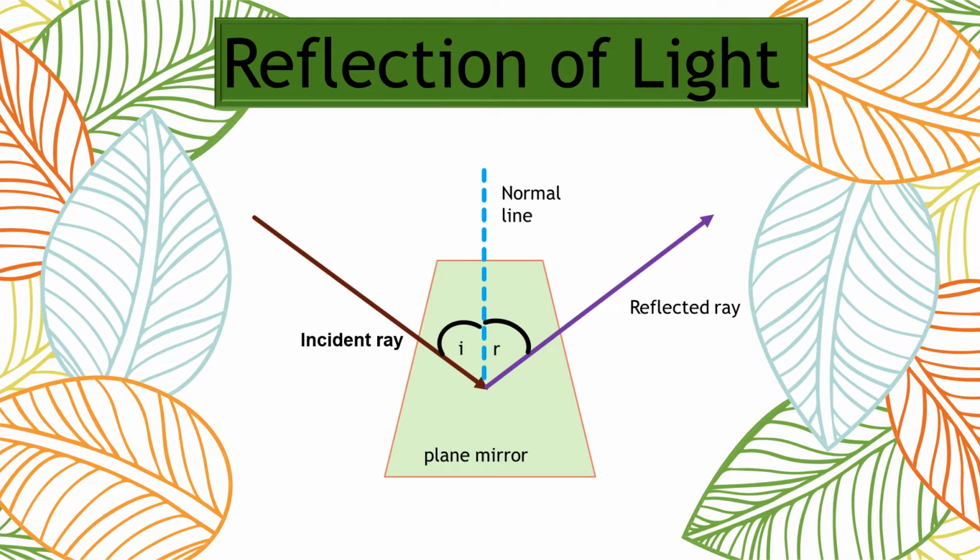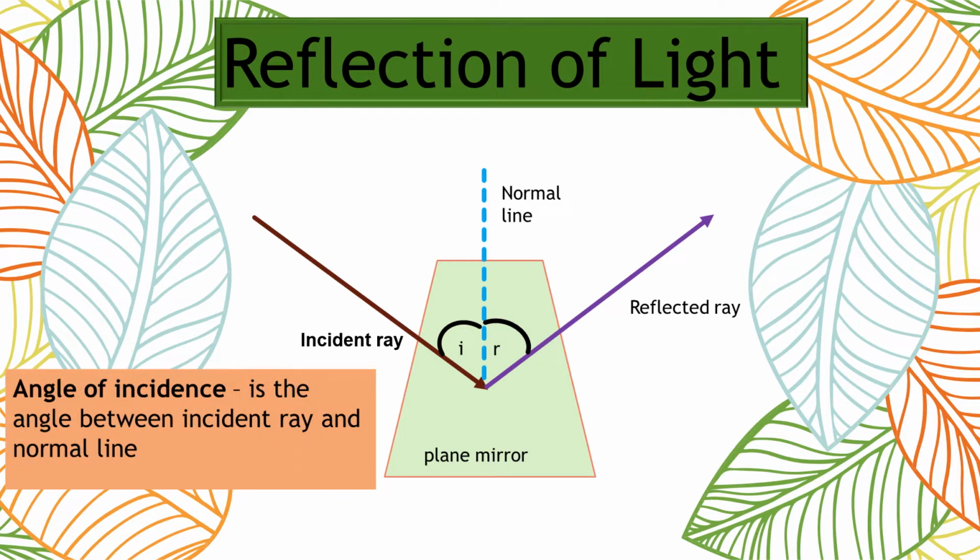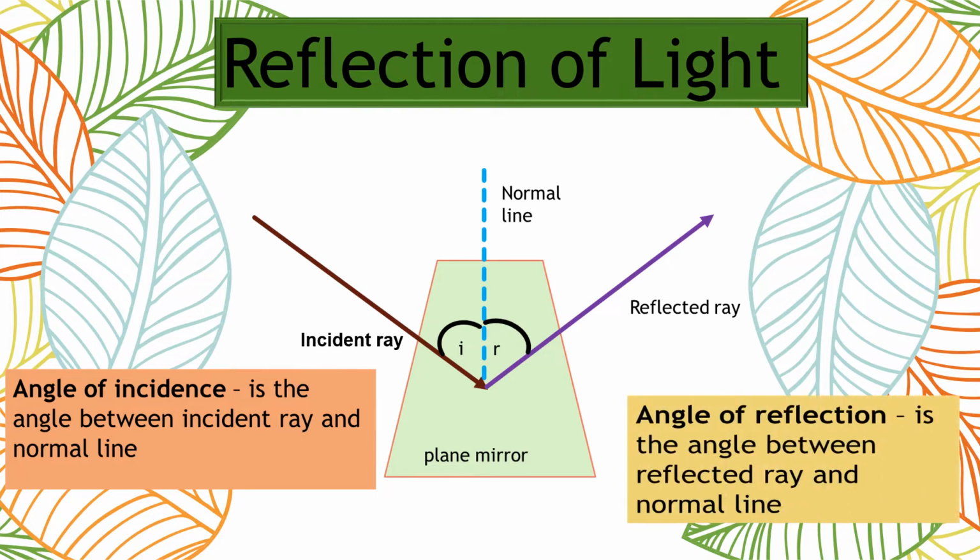And at the same time, the normal line and the reflected ray also produces an angle. Now, what does it mean? Between the normal line and the incident ray produces angle of incidence. And between the normal line and the reflected ray produces angle of reflection.